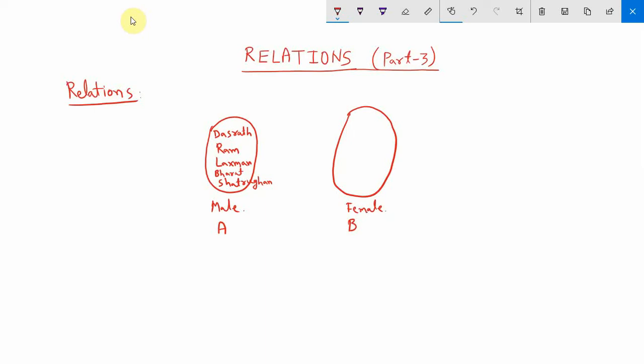Next we will consider names of female members: Kausalya, Kekai, Sumitra, Sita, Urmila, Mandvi, then Shrutakirti.